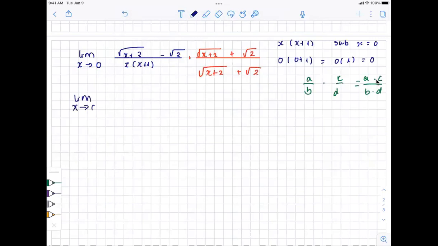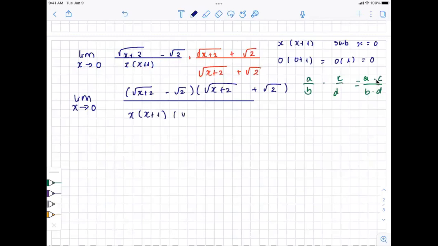Limit as x approaches 0 of the numerator: square root of x plus 2 minus the square root of 2, in parentheses, times the square root of x plus 2 plus the square root of 2. And the denominator, you have x times x plus 1 times the square root of x plus 2 plus the square root of 2. Notice I put everything in parentheses so that you can see the separations.